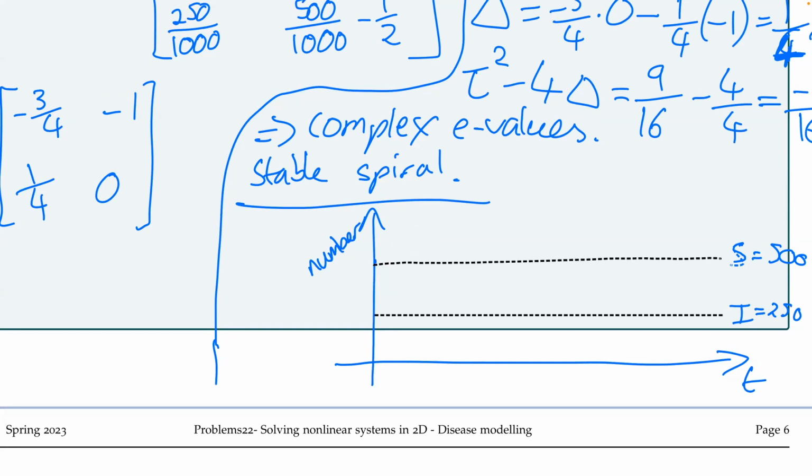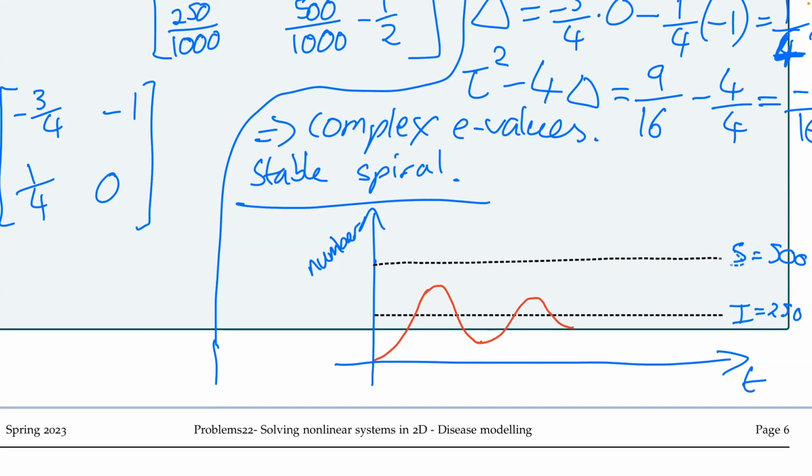Okay, so we start off with there not being many individuals infected. We eventually have an epidemic. We're spiraling, so we know that we must be crossing over this line. So we have an epidemic, and then eventually those numbers fall. In this model, because we've got waning immunity, we reach a point where we have enough susceptible individuals again, we get another epidemic, but it's less this time because we've got a stable spiral.